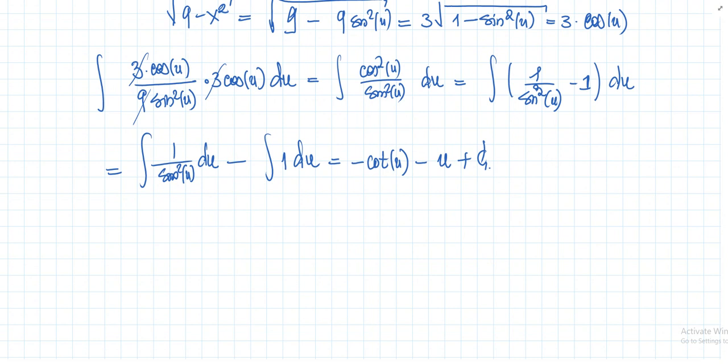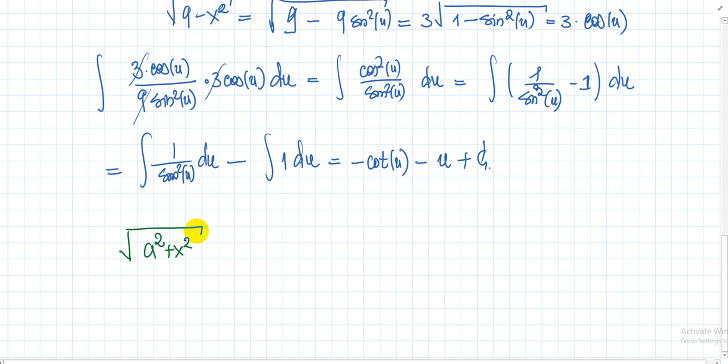But this is not the end of the story. We need to use other trigonometric substitutions for the other cases. For example, if you have this kind of integration, what kind of substitution do you need to use here for x in order to get rid of the square root?